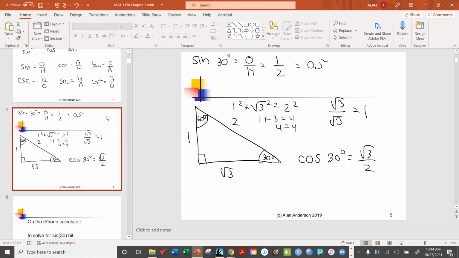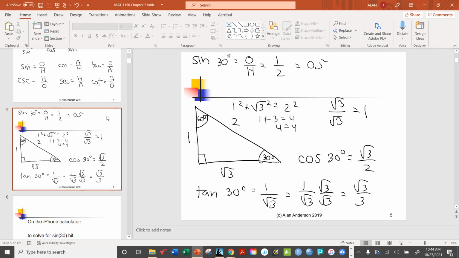And you discover that, yes, it is. And while we're on the subject, let's do the tangent. Opposite over adjacent. Now, this is the one that we thought the sine was. It's 1 over radical 3, or radical 3 over 3.